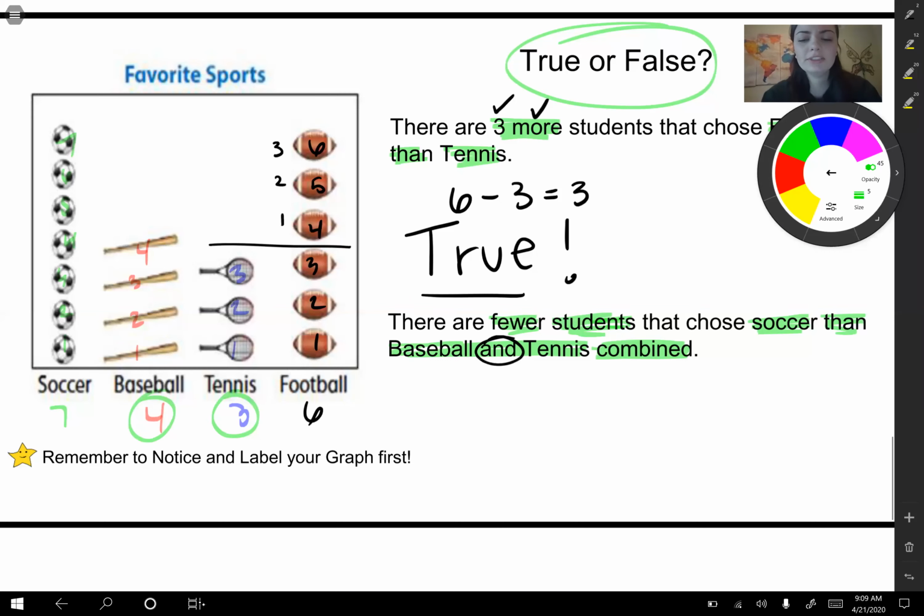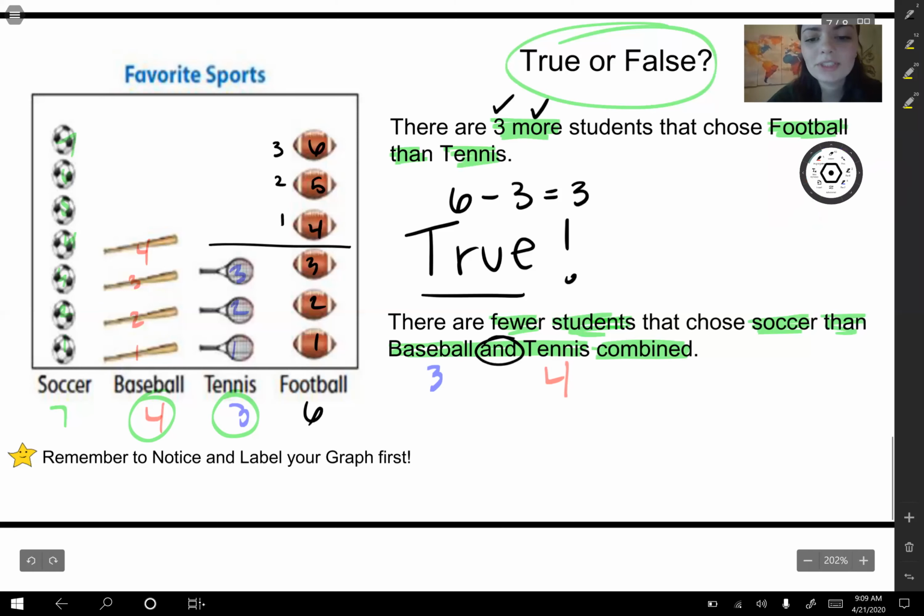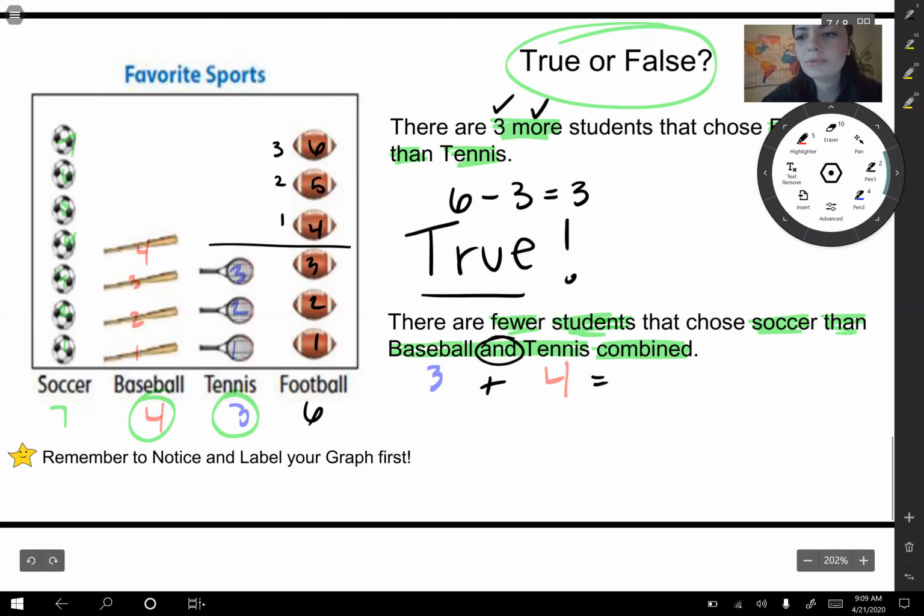So baseball, tennis, and combined means we're going to put them together. What does 3 plus 4 equal? It equals 7.